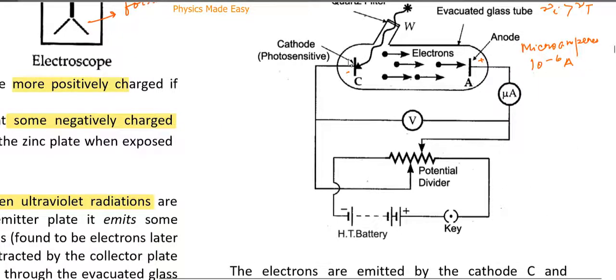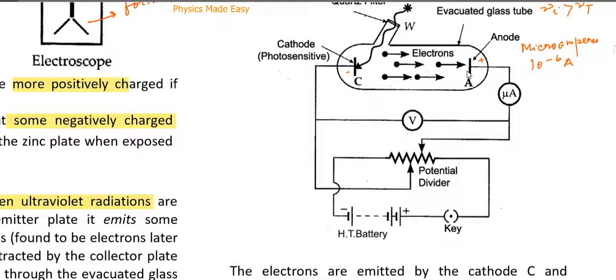So here I have got negative potential. Now what will happen? The electrons which will be emitted here, they will be repelled by anode. Only a few very fast electrons will be able to overcome this and reach the anode.